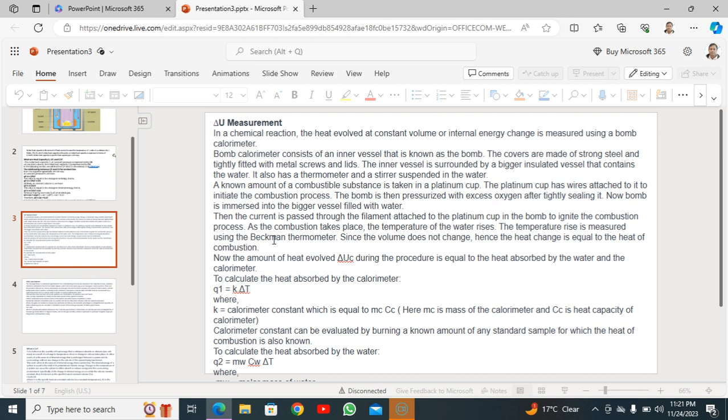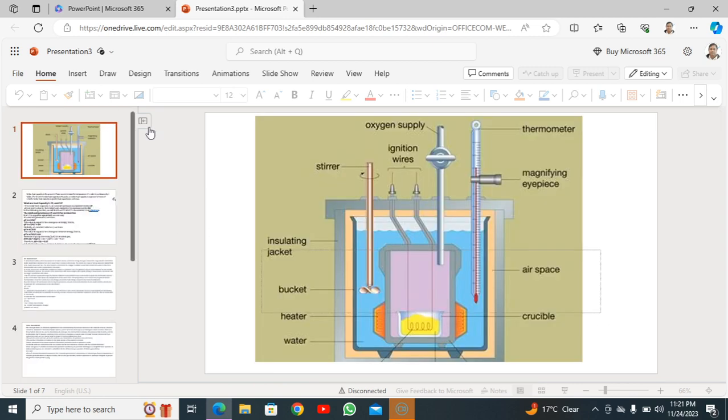The combustion takes place and the temperature of the water rises. The temperature rise is measured using a Beckmann thermometer. This is a bomb calorimeter.